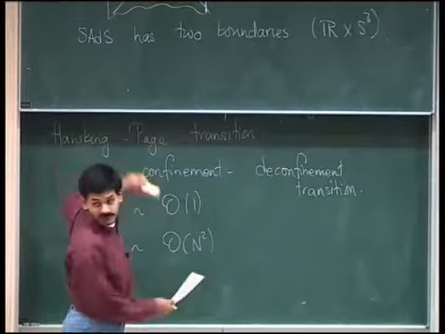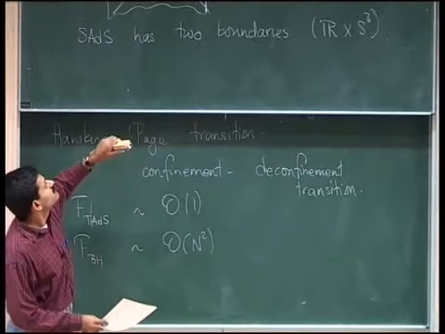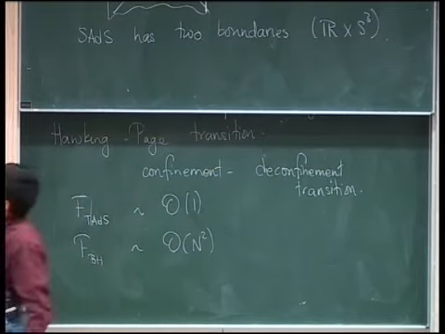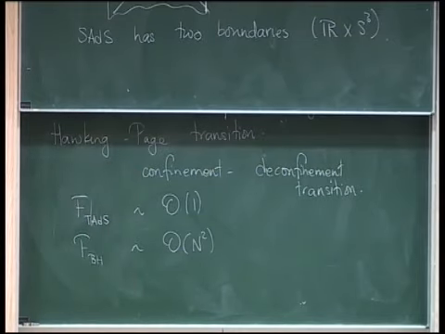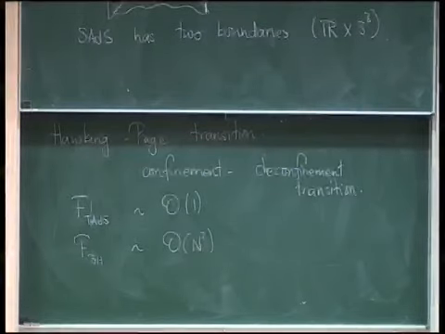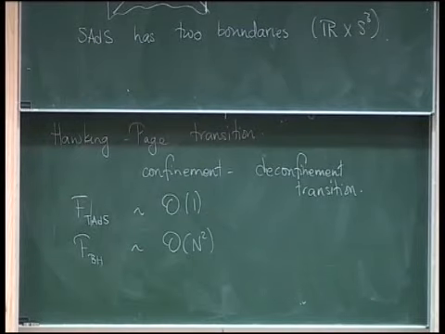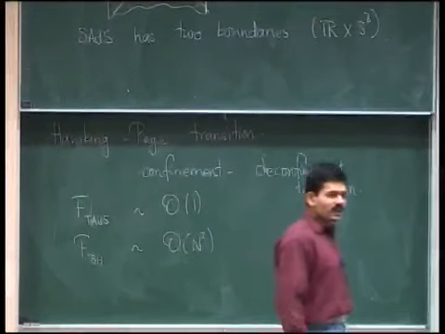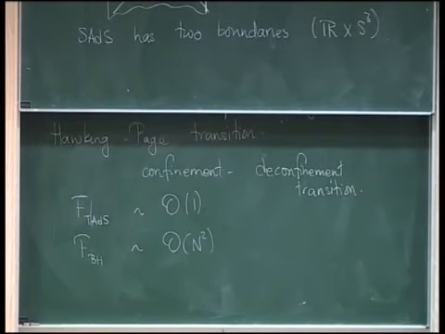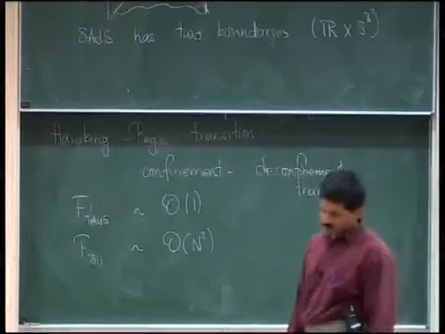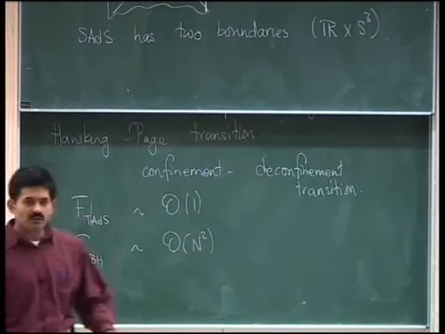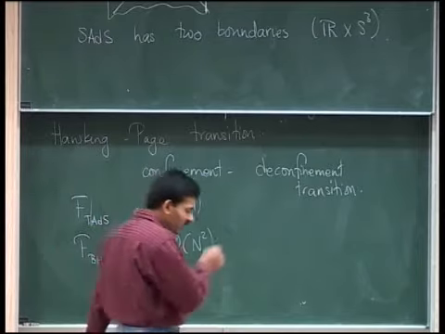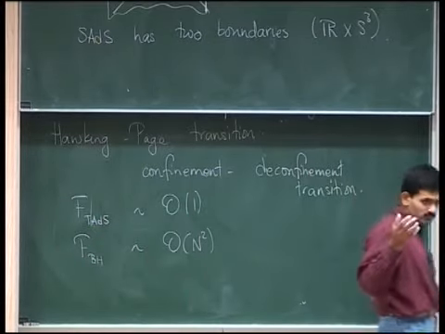But what is this? Not S1 crosses the boundary. Sorry. So I switched from the Euclidean context to the Lorentzian context. In the Lorentzian context, time is not compact. So now the temperature is still controlled by the value of R plus. Exactly. So the distinction you want to keep in mind is exactly what you usually think of.